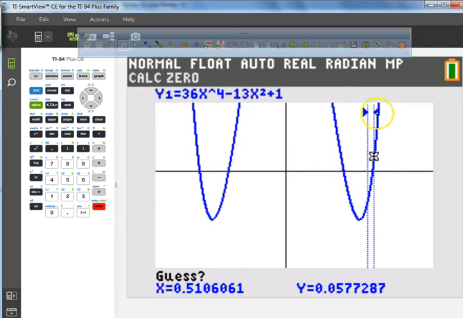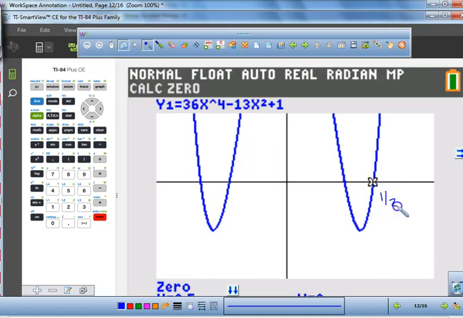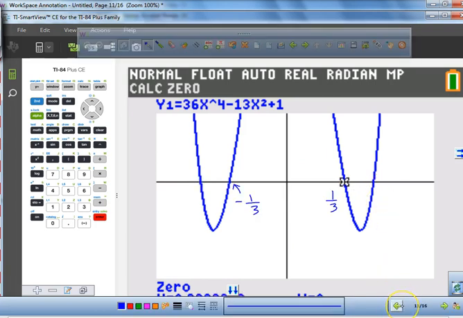So our 0 is going to be between these two vertical lines. And it says I'm at 0.5. So I'm at a half. Which means this one has to be negative half. So what are our 4 answers? Our 4 answers are plus or minus a third and plus or minus a half.